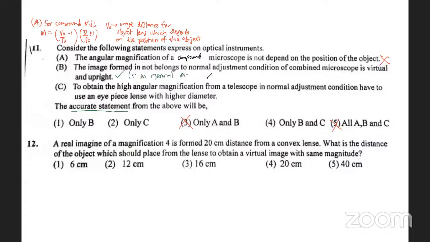The final image is what? Tell me. Inverted and virtual, not upright and virtual. So B is correct.